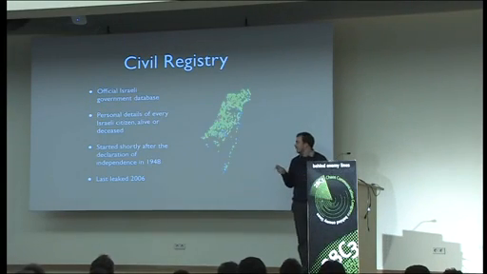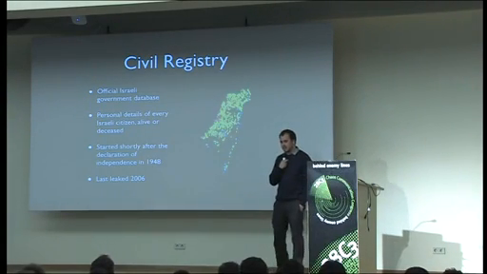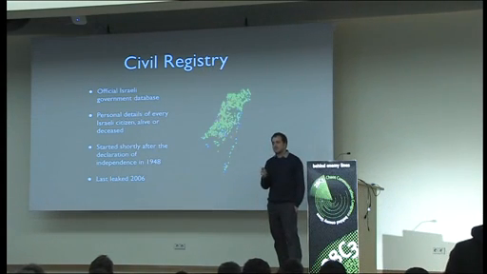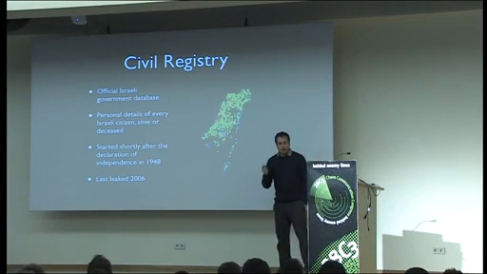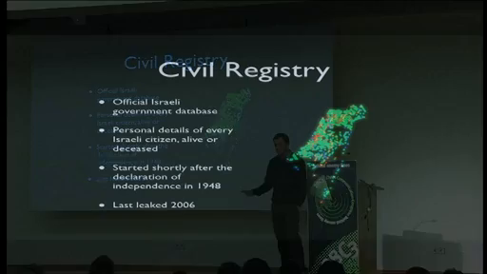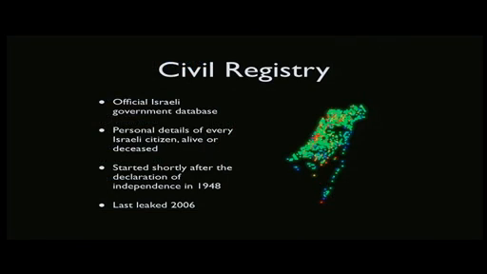The database is the official Israeli government database that holds all the personal details of every single Israeli citizen, either alive or deceased, who has lived in Israel in the past. All the details of every Israeli citizen are in this database and can be looked up through that horrible UI. This is the data that has been collected in the Israeli census ever since the Declaration of Independence of Israel back in 1948.